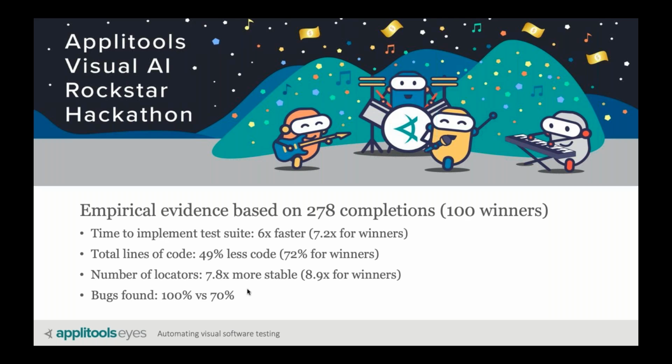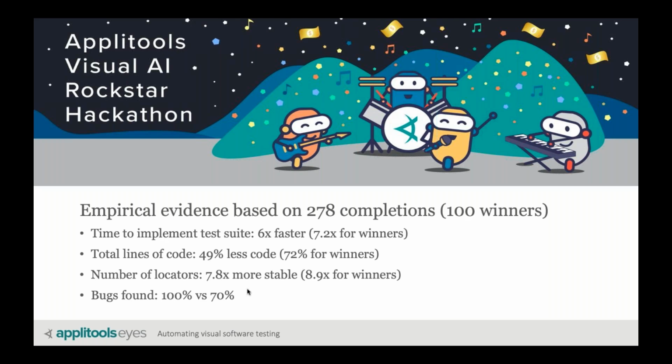The time it took to implement the test itself was 6 times faster. Now, what we're comparing is visual versus functional. Implementing a visual test was 6 times faster than actually writing a functional test on the pages that we provided. It was 7.2 times faster for the winners, actually.